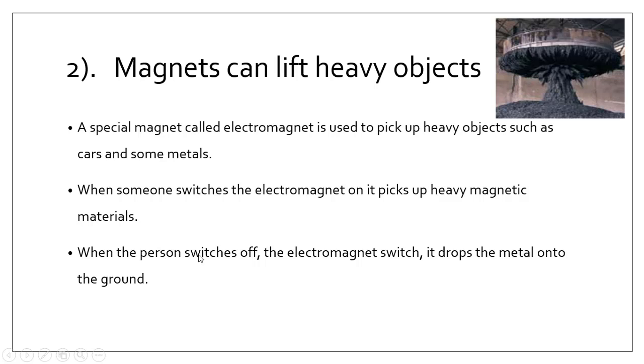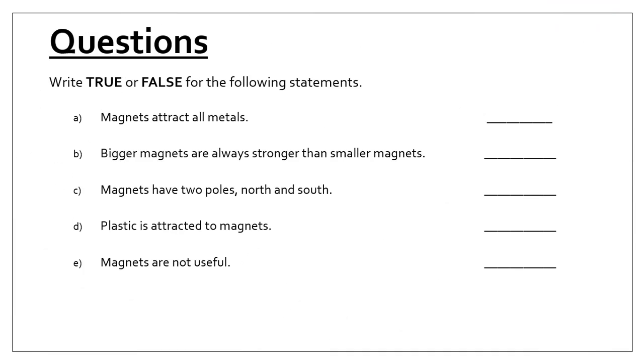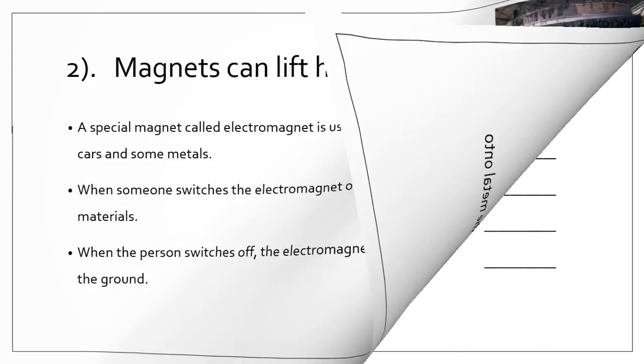When the person switches off the electromagnet, it drops the metal onto the ground. So when the switch is on, it picks up the heavy magnetic materials, and when the switch is off, it drops those heavy materials. So that's how magnets are used when it comes to lifting heavy objects. So that's the third one.